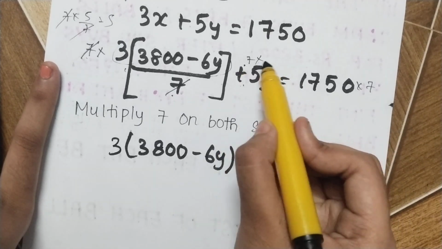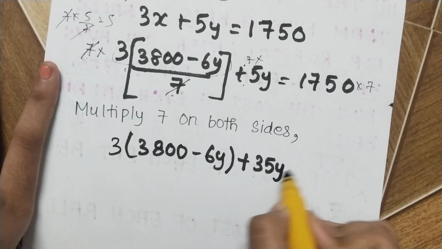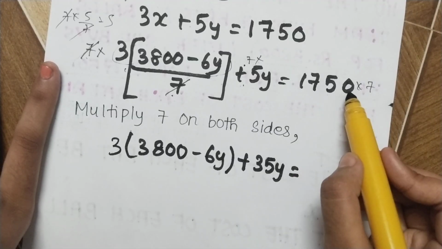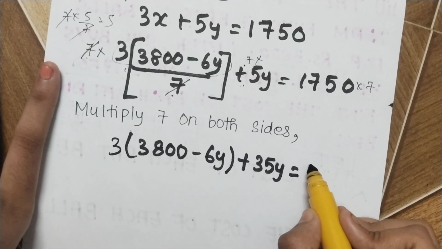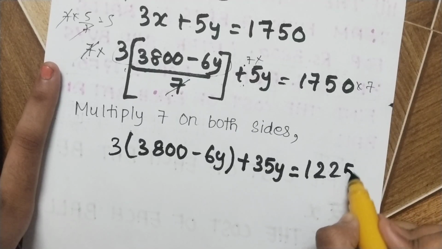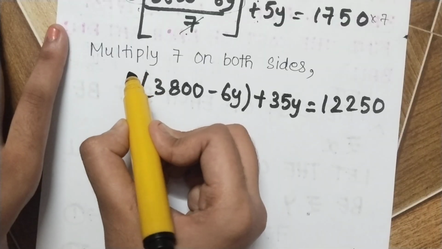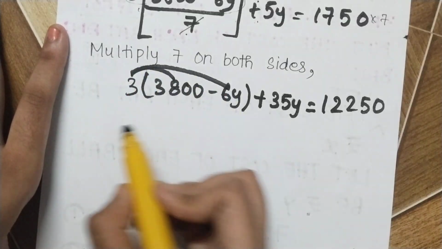Here I have to multiply. 7 into 5 is 35. So plus 35y, and 1750 into 7 will be 12250.